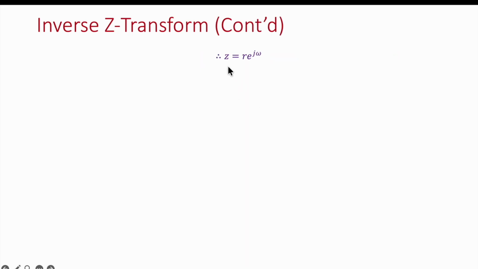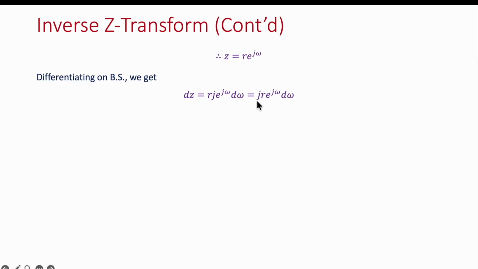So we know that z is equal to r e raised to power j omega. We have already used this equation. If you differentiate this on both sides, you can write dz is equal to r, because r is a constant, so it will be in front, and e raised to power j omega, differentiating with respect to omega, so that is why j is written in front, so j r e raised to power j omega d omega.